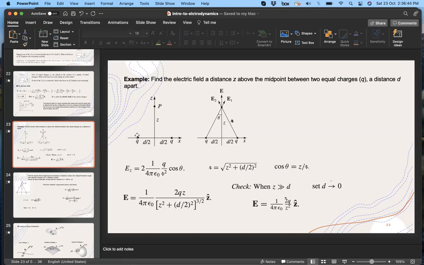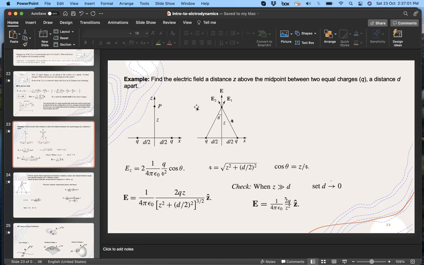So first of all, due to one charge, what is the field here? Since this is a vectorial quantity, we calculated the electric field for this charge as E1, and similarly for the second charge, E2, and the direction will be radial as the definition says.